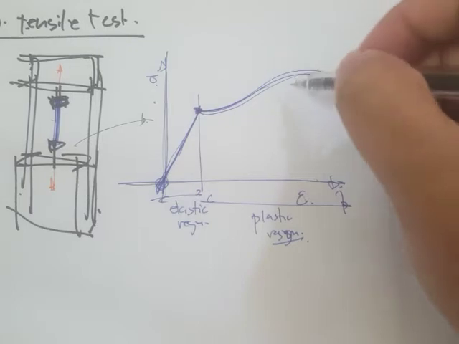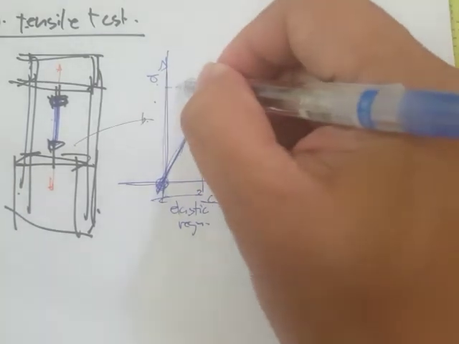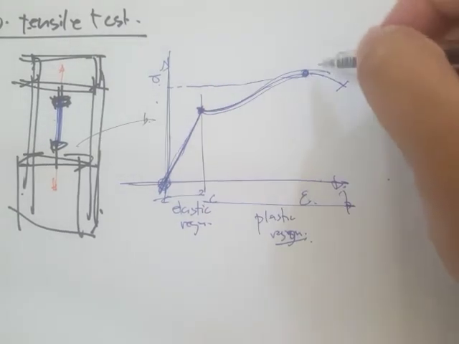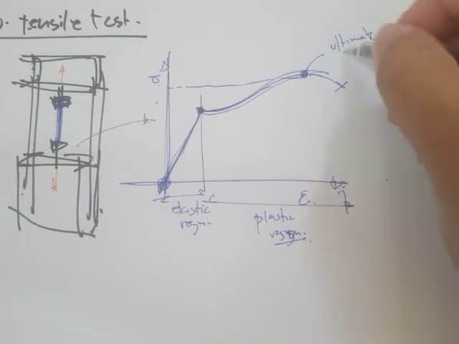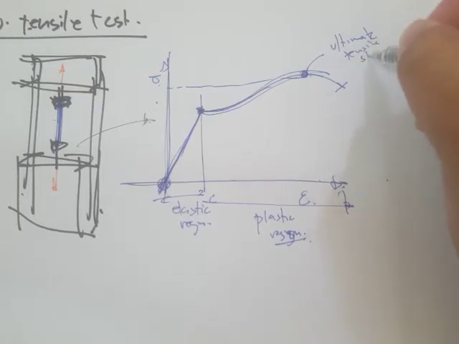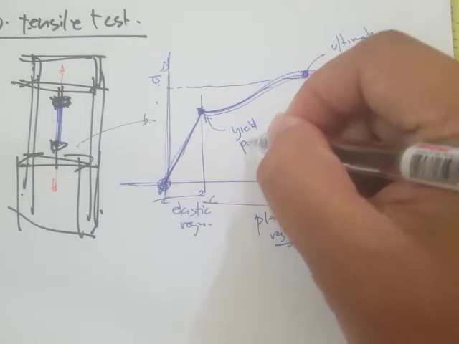Okay, and it will reach some maximum value of load, and this point right here, this is what we call the ultimate strength, actually ultimate tensile strength. This one is what we call the yield point.